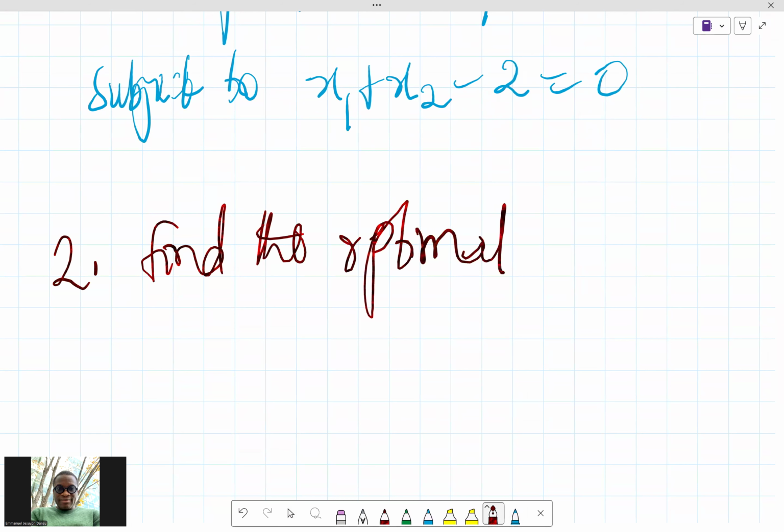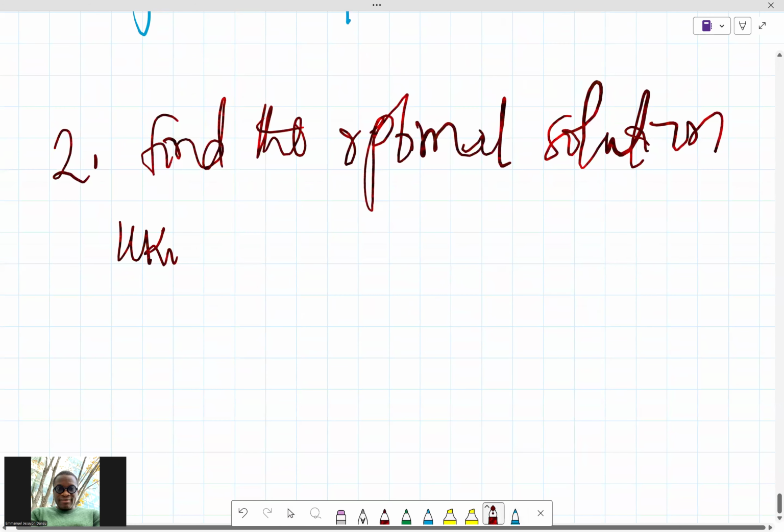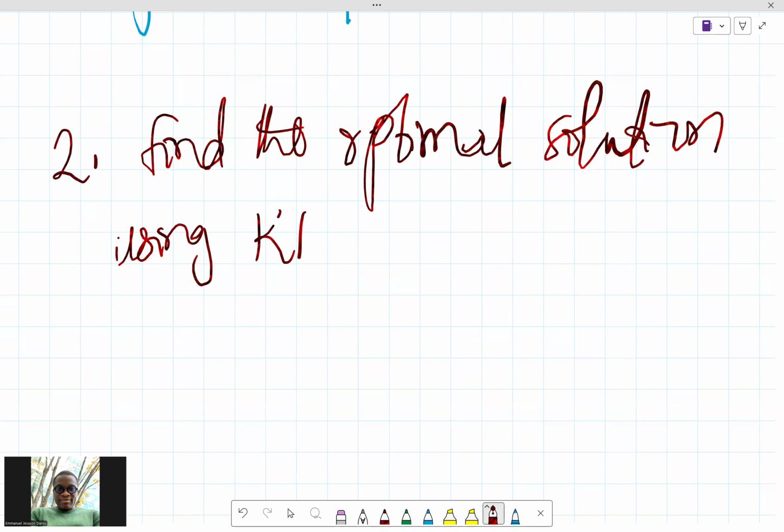Find the optimal solution using KKT conditions.